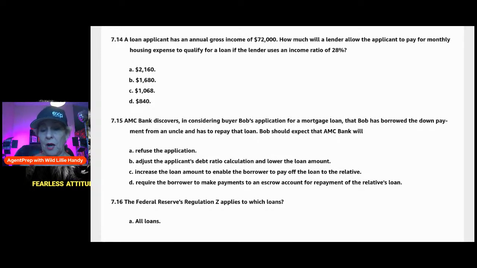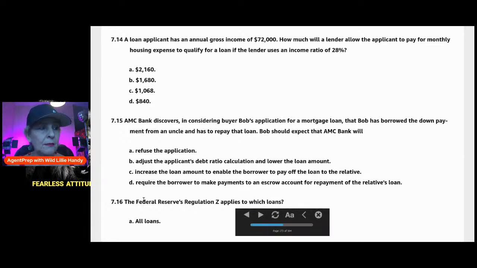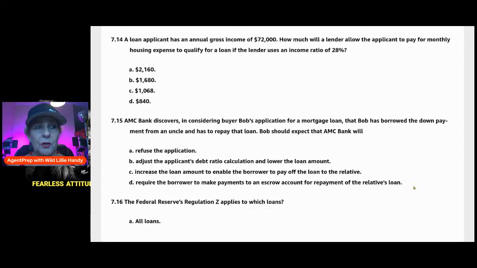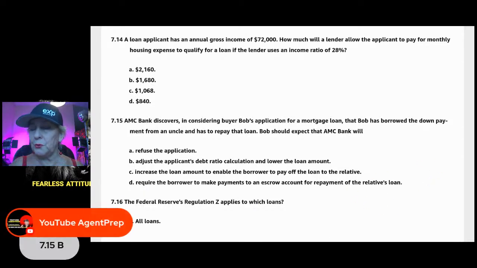The lender doesn't get involved in managing that loan unless they were to provide a consolidated loan, but that's not what they're doing here. So that's why it is not D. The borrower needs to handle their own repayment of the loan to their relative, to their uncle.